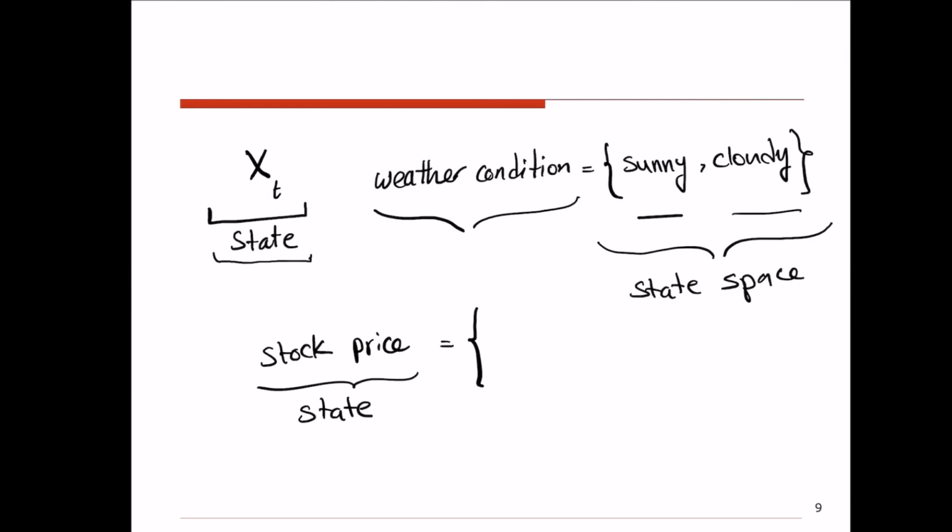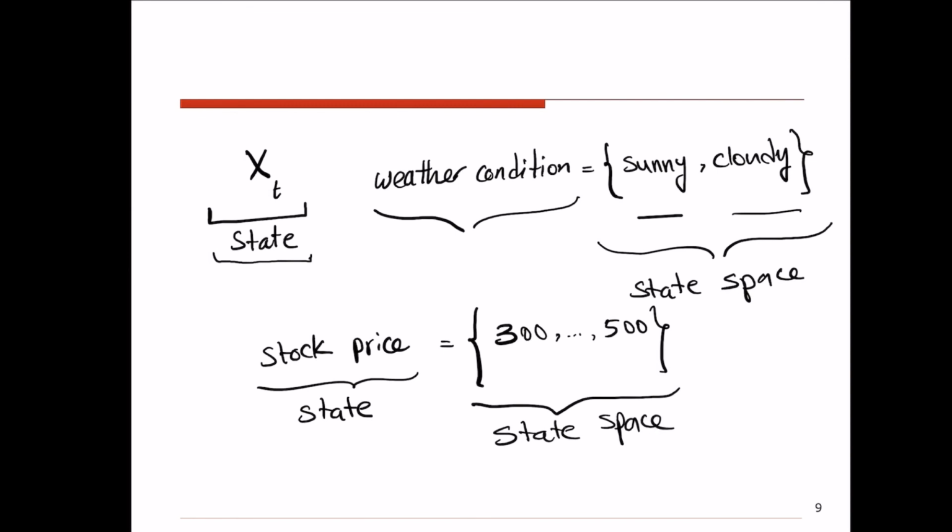So for example, for a specific stock, it may vary anywhere between $300 all the way to $500. And this range is going to be my state space for this characteristic of interest in this system.